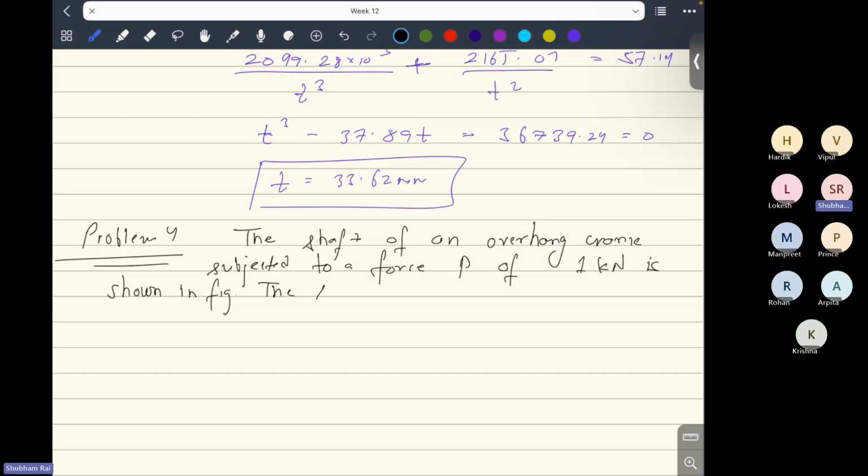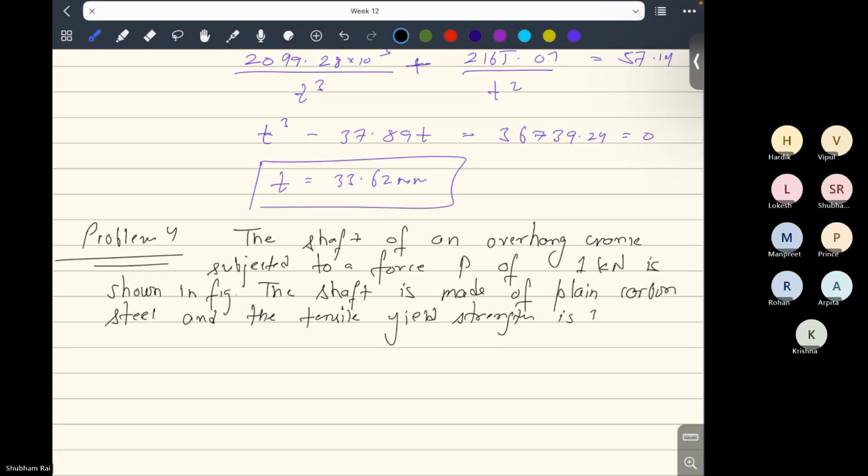The shaft is made of plain carbon steel and the tensile yield strength is 380 Newton per mm square or megapascal.